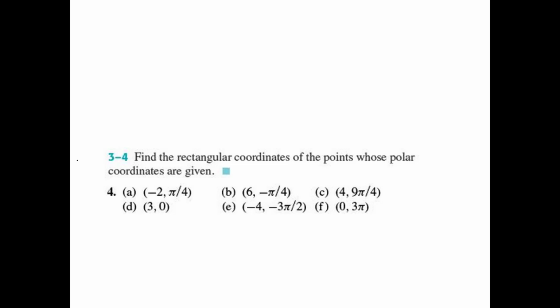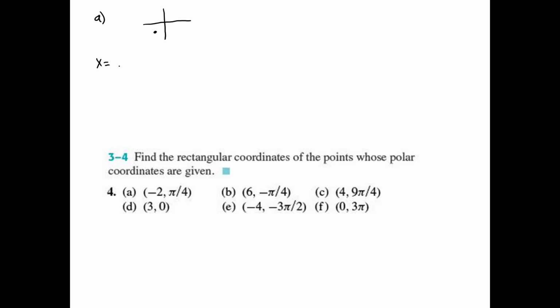Okay, so find the rectangular coordinates of the points whose polar coordinates are given. For A, we know that your r value is -2 and your theta is pi over 4. So a quick sketch: you rotate pi over 4, but your r value is -2, so you're down here. And then you want to find the rectangular coordinates.